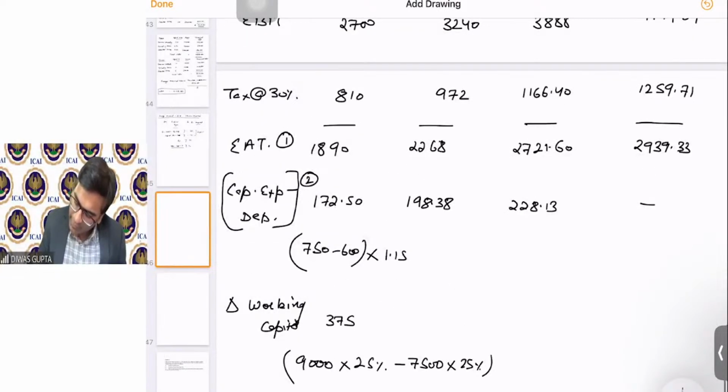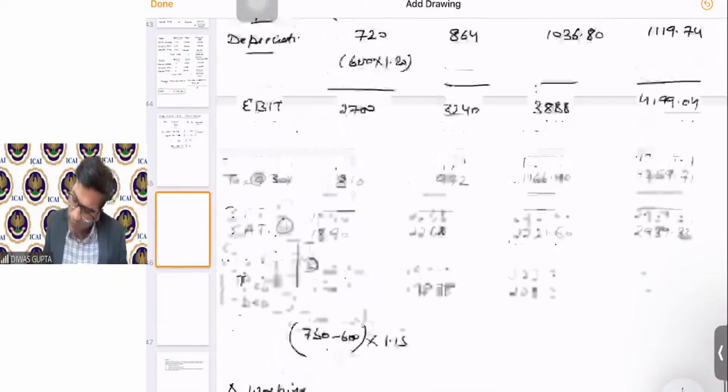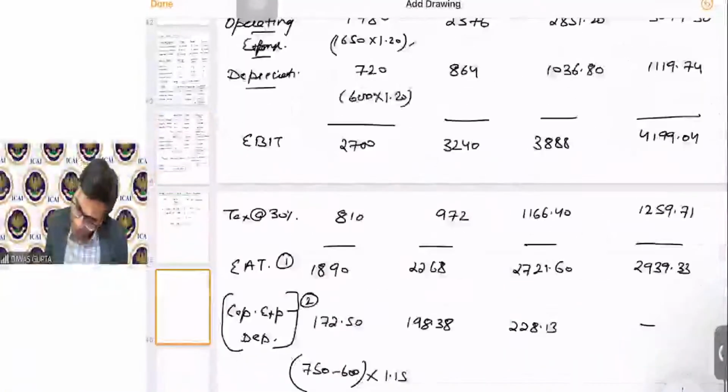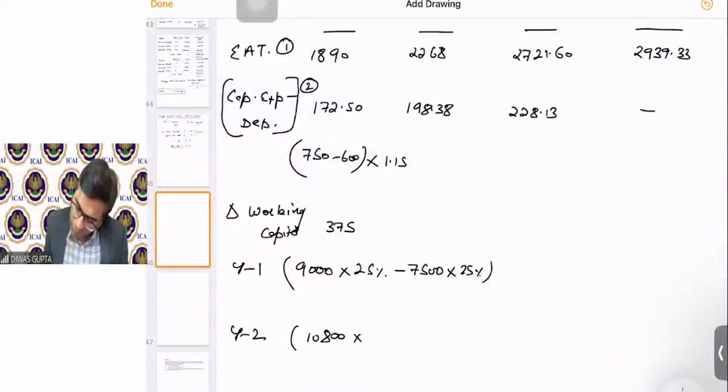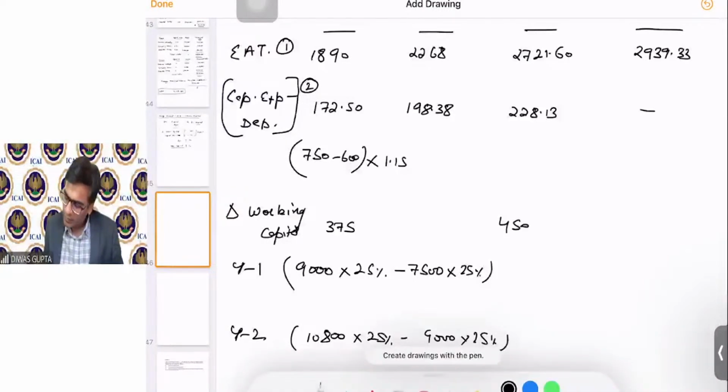For year two, similarly, what is the revenue reached? 10,800 into 25% minus 9,000 into 25%. 10,800 into 0.25, 9,000 into 0.25, that is 450. Sorry, I think I have kept the wrong label.